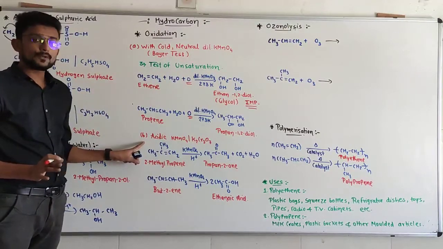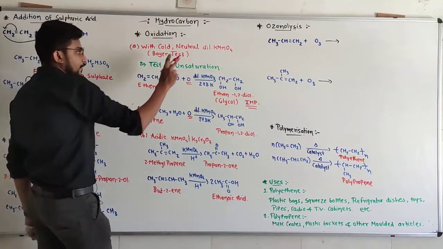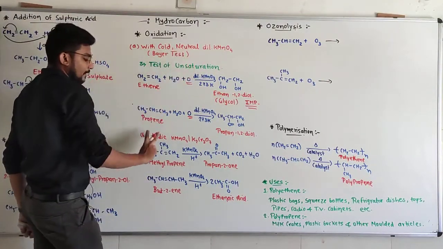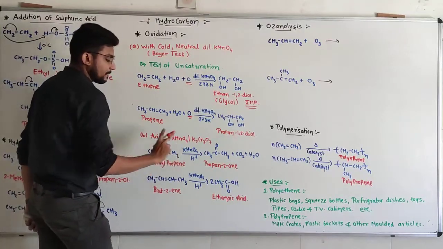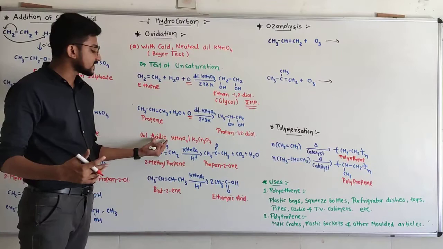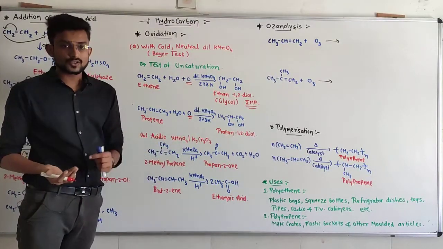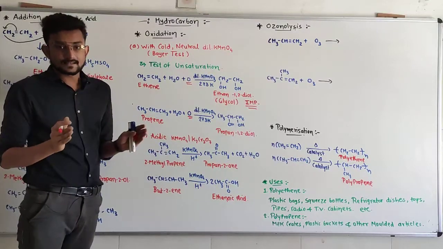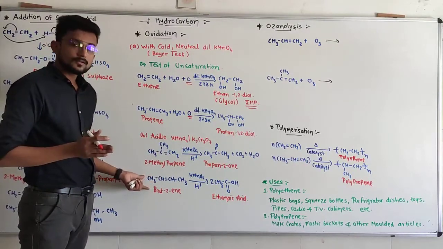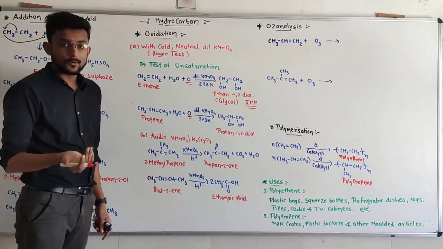Now let's talk about the strong oxidizing reaction. Instead of neutral KMnO4, now we have acidic KMnO4, acidic potassium permanganate, or you can use acidic potassium dichromate, K2Cr2O7. This reaction has two different cases. In the first type, we have a symmetrical compound.